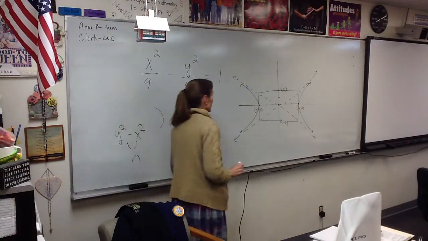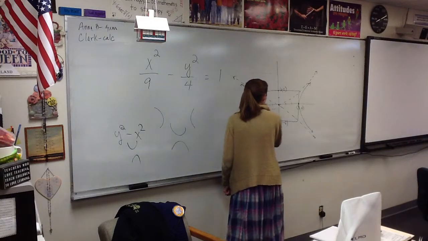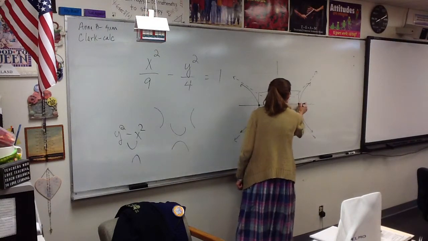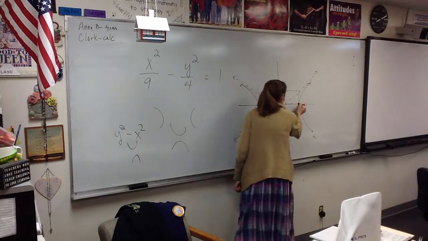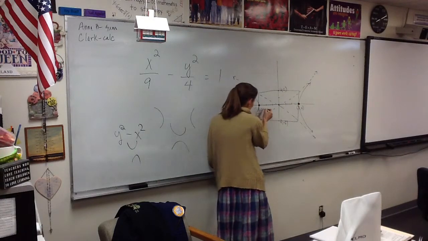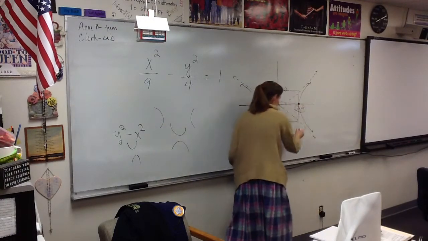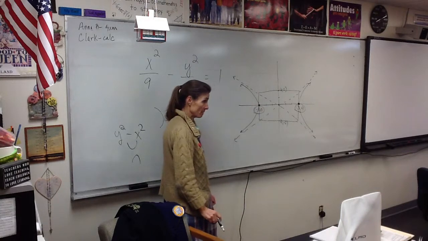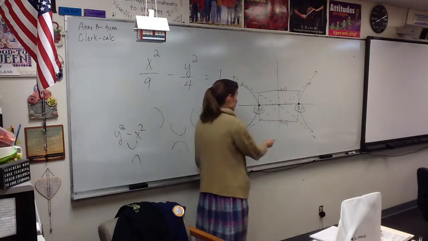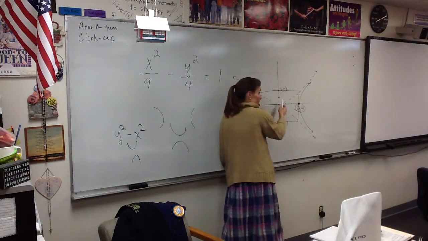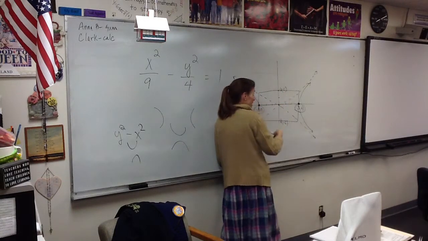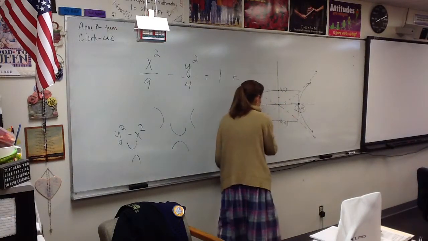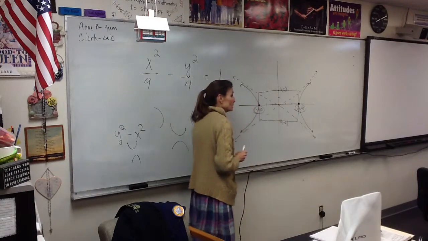Now, this axis right here that joins the vertices, these 2 points are the vertices of the hyperbola. These points are nothing. They're just out there to help me make the box. These are the vertices. There are 2 of them.